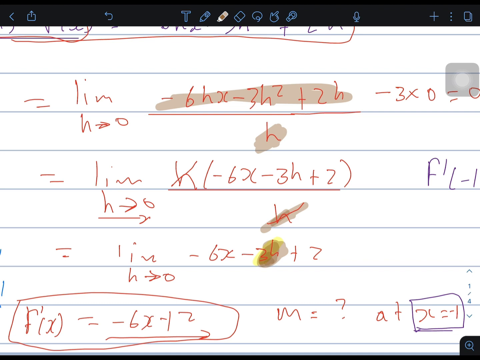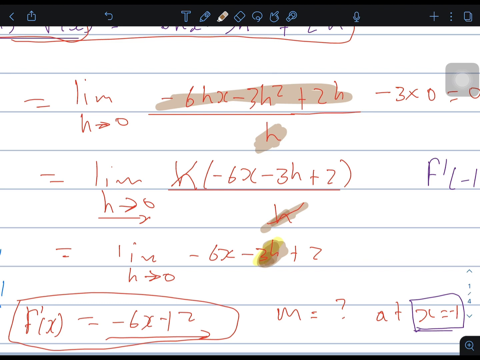And guys, to find the gradient of a curve or the gradient of a line, you know what you do: a first derivative. A first derivative will always give us the gradient of a function, of any function. Doesn't matter whether it's a curve or not.